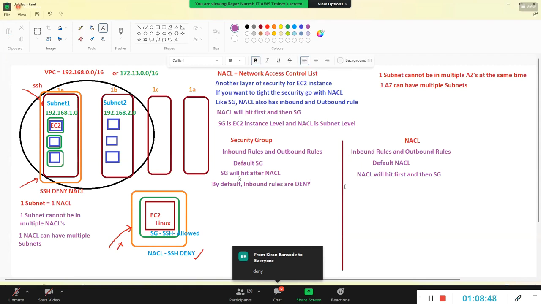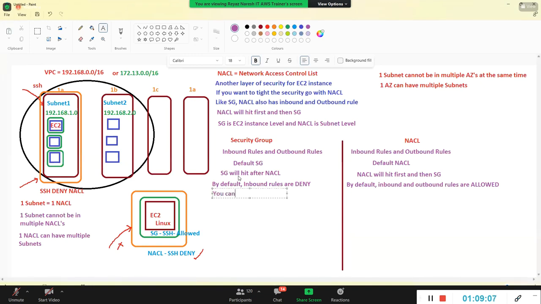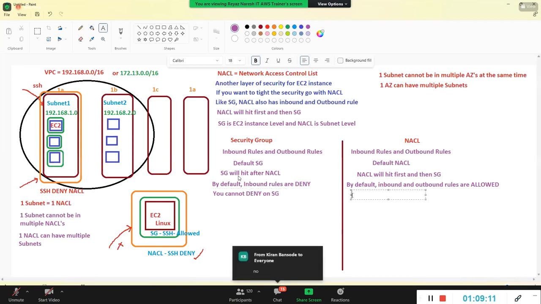But here, by default, NACL inbound and outbound rules are allowed, because that is the default. Is it possible to deny anything here? You cannot deny on a security group. But on NACL, you can deny and allow also.